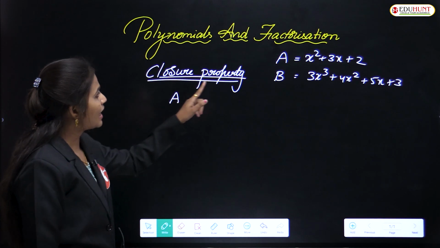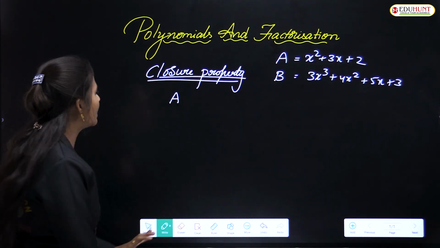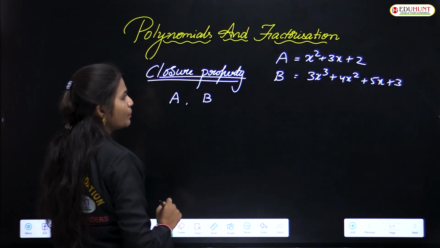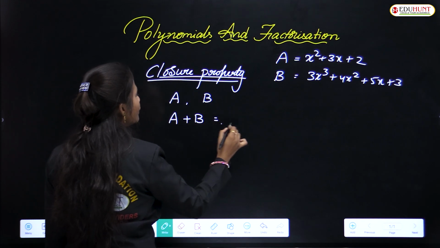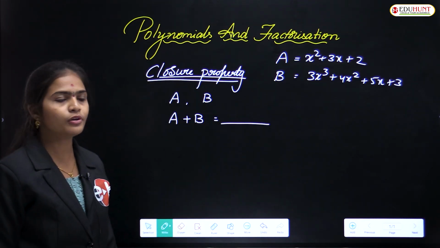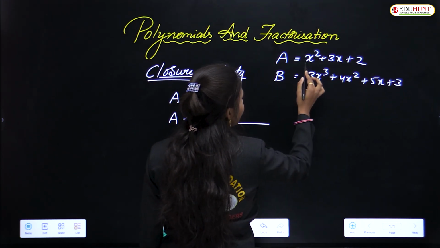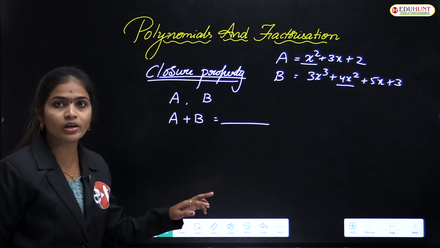Now, is a a polynomial or not? Yes, a is a polynomial, and b is also a polynomial. Now if you add a plus b, will you get a polynomial or not? Yes, again you will get a polynomial only. When you add these two expressions, you have to add only like terms.